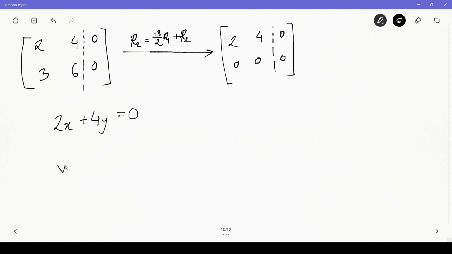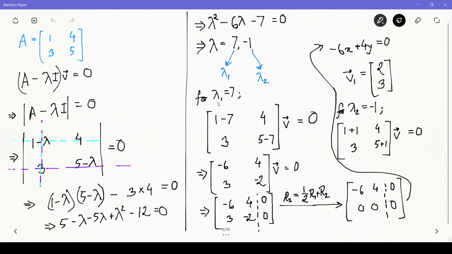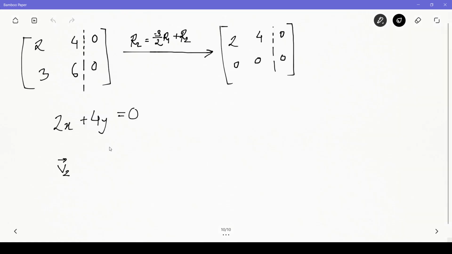So the corresponding eigenvector that I'm getting for lambda 2. Recall that for lambda 1 I got the v1 vector, right? For lambda 2 I would get the v2 vector, which consists of entries that are valid xy pairs.